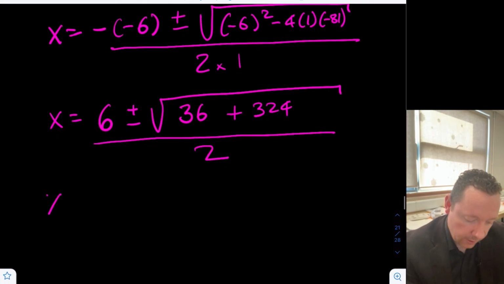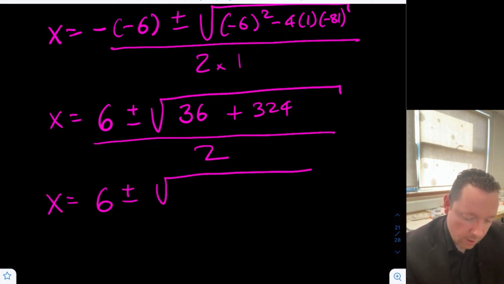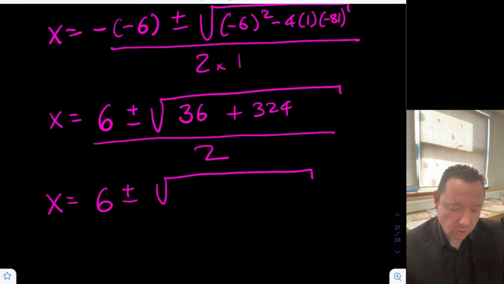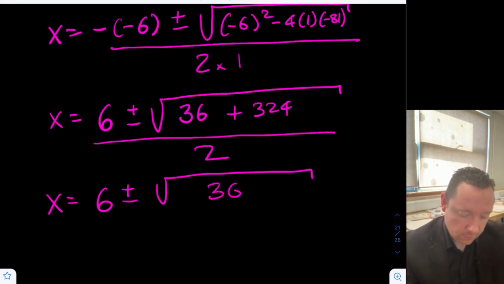So x equals 6 plus or minus the square root of 324 plus 36. So that's 324, 330, 360, over 2.